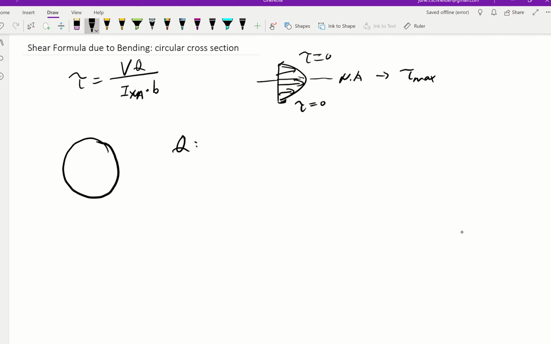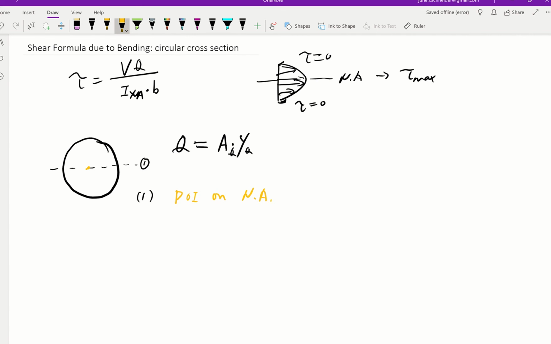Q, remember, has a formula of area times this y. Sometimes people put a Q underneath as a subscript, but now let's take a look. Scenario number 1: my point of interest is on the neutral axis.